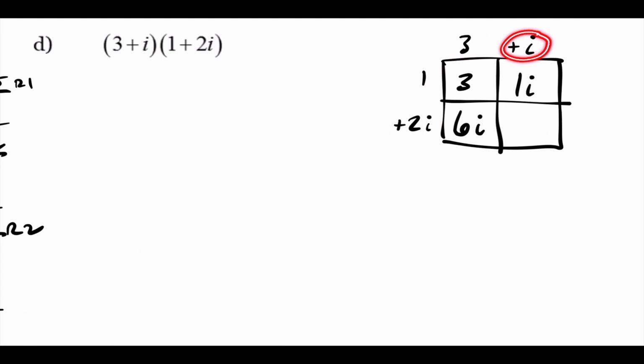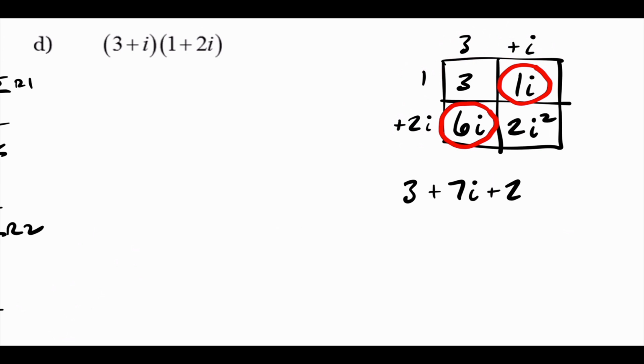And then I times 2i makes 2i to the second power. Combine like terms. These two both have just a regular i. So we have 3 plus 7i plus 2i to the second power.